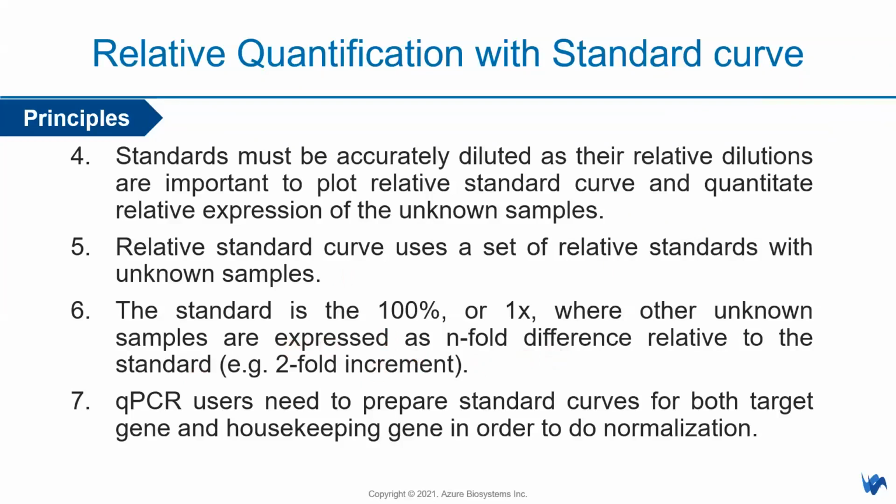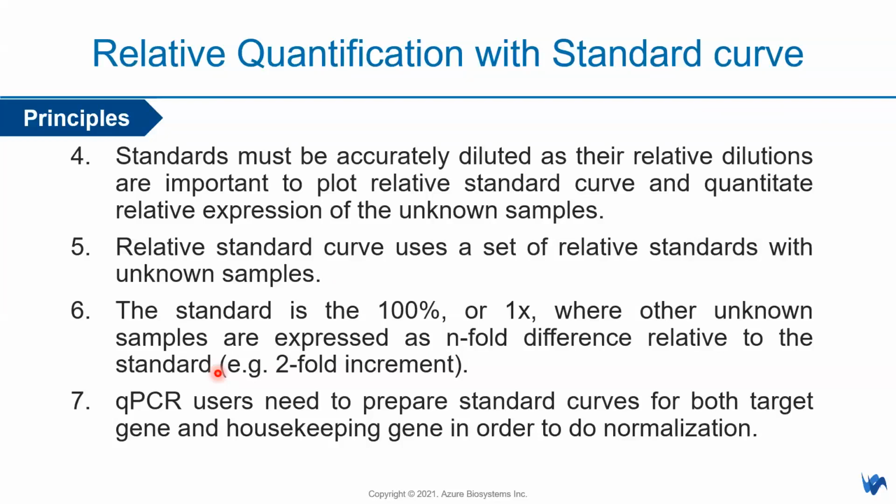For example, does my transgenic cell line have twofold higher gene expression compared to the wild type cell line? This is how it works.